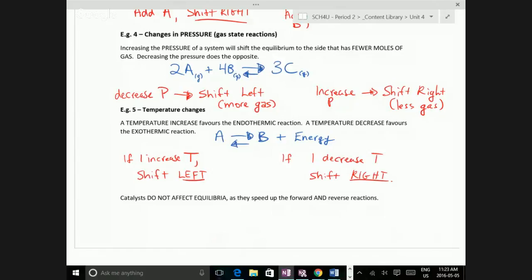So the catalyst does speed up the forward reaction, but it also speeds up the reverse reaction. So is that going to change the equilibrium point? No. Now, interestingly, a catalyst will make a reaction come to equilibrium faster, which is useful for us, but it won't change the equilibrium point.